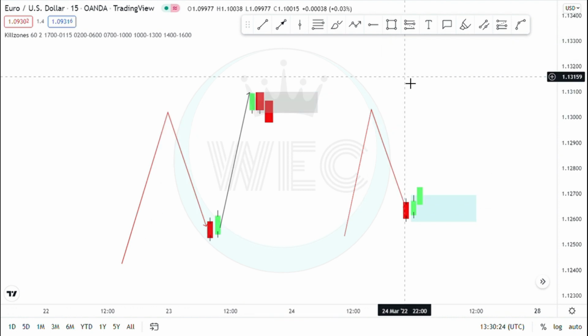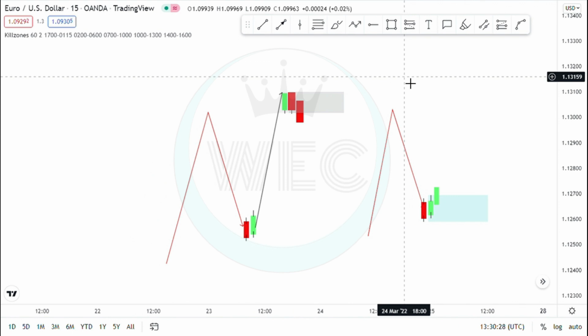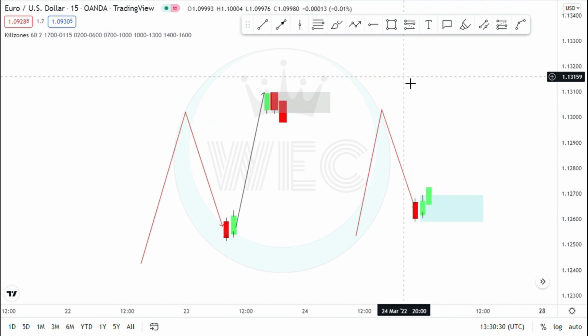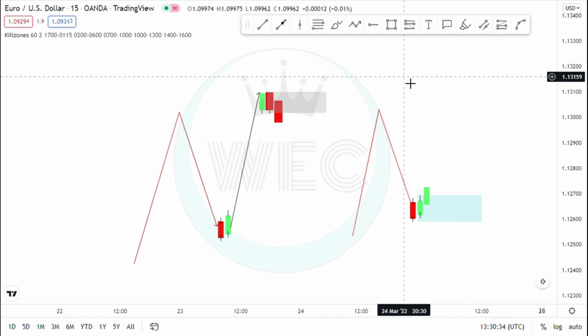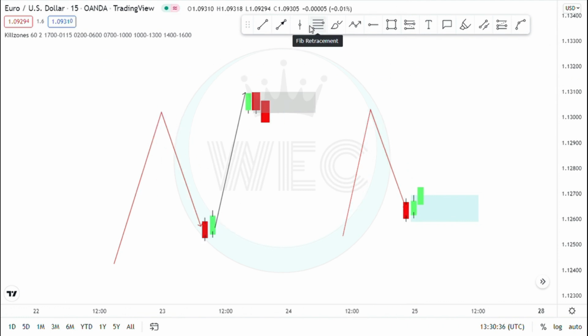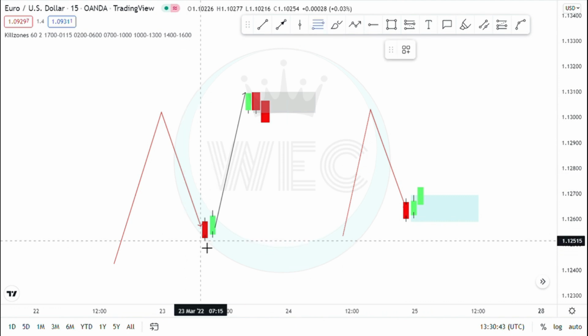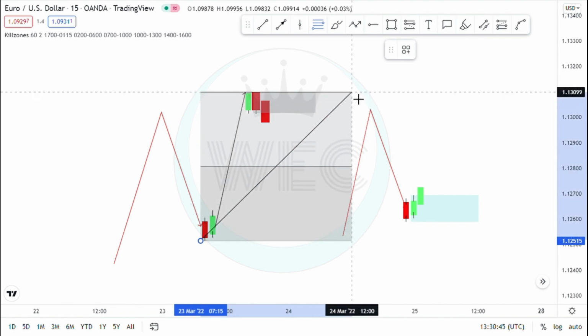Okay, so the next criteria that you are going to look out for when choosing an order block is to make sure that the order block you are choosing is within discounted or premium zones. Okay, so what do I mean by that? If you are in an uptrend or a buy scenario like this, you might want to spread your fibs. That's what I use my Fibonacci tool for, right?